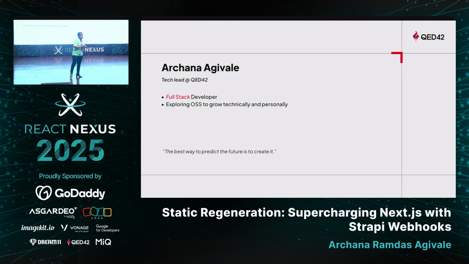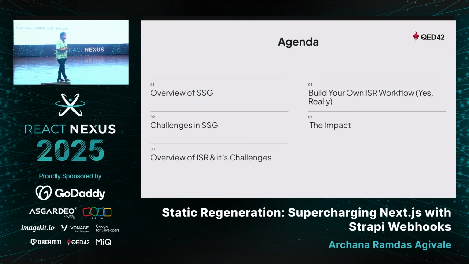So at QED42, I got a chance to tackle this by mixing static site generation, build automation and event-driven architecture. Today I will be sharing the result of our journey, and we faced this issue with one of our clients. Before we start, let me walk you through today's agenda.